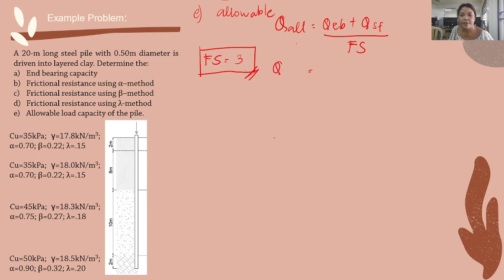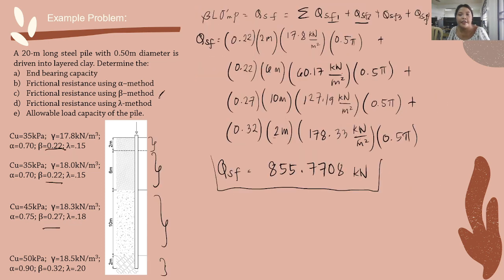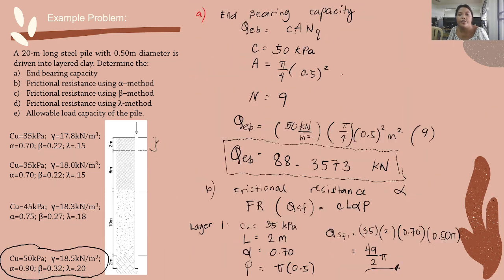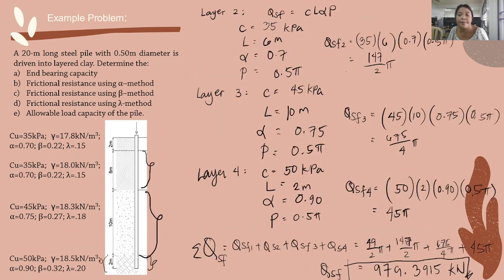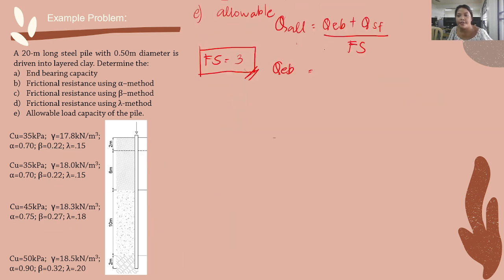Meron na tayo kanina na bearing capacity that is equal to, balikan natin, 88.357 kilonewton. Okay.